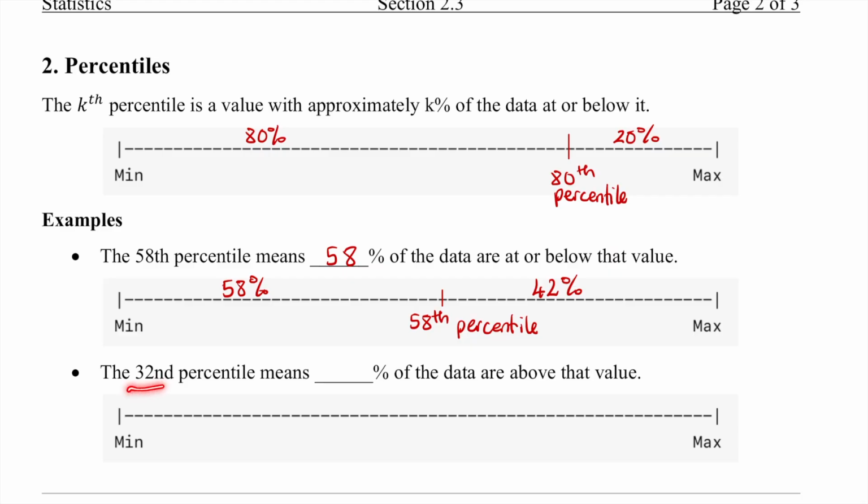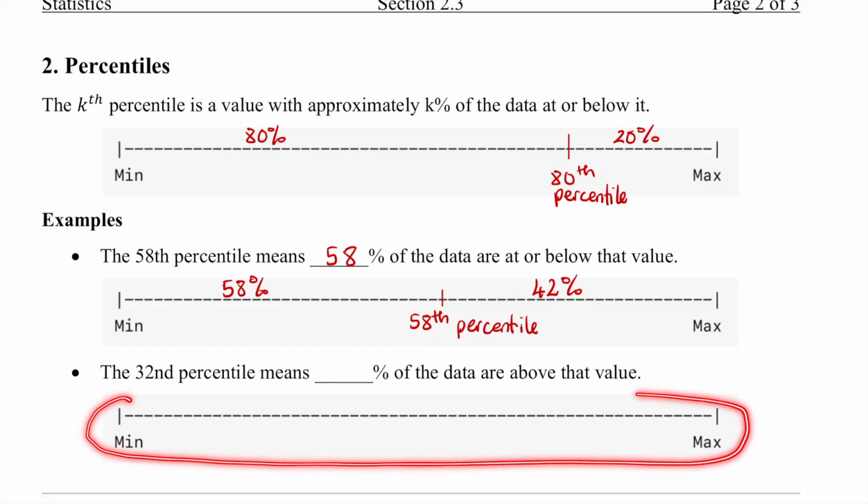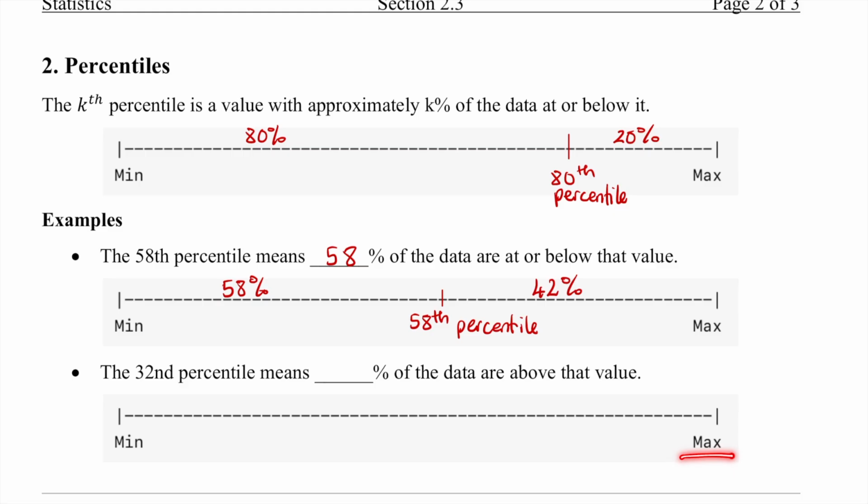Now, for the 32nd percentile, it is somewhere here, where I have 32% here and 68% here.